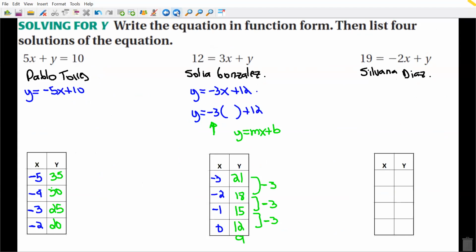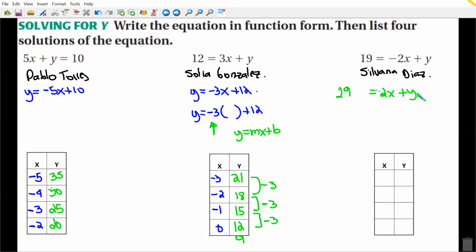Teacher, yes, but first I have a question. When we isolate the -2, it stays like a -2 or it passes like a 2? That is a very good question, Silvana. Thank you for asking that. Let me explain it like this. 19 is going to be equal to negative 2x plus y.